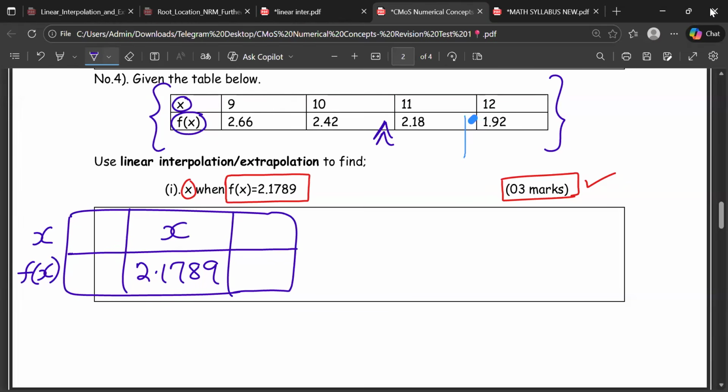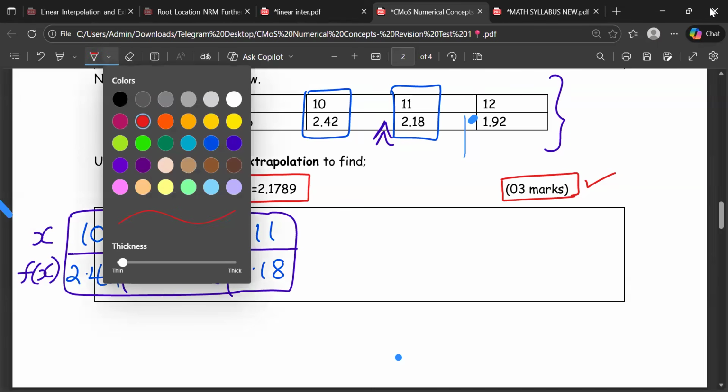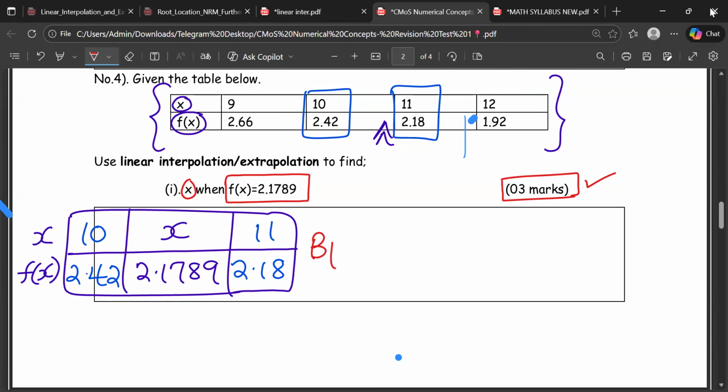So you ask yourself, what are those values on the sides? The values on the sides are these ones. You put 10 here, then 2.42 here. Then you also come this side and put the 11, and then the 2.18, like that. Mere allocation of that value, you get a bonus score according to the old curriculum. Bonus mark, provided you locate that value correctly.